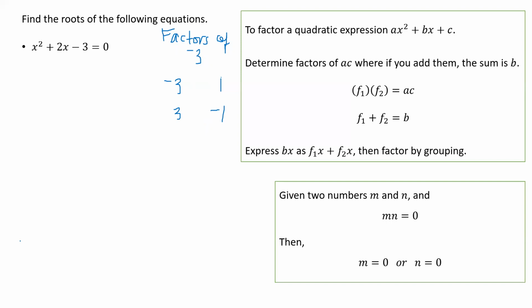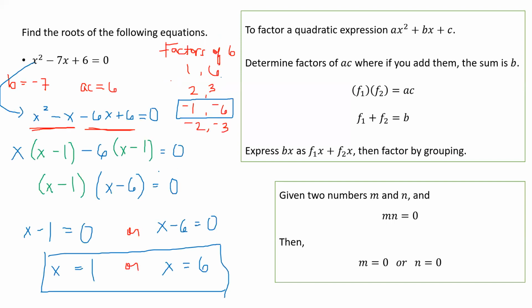From the previous example, the factors of 6 that we used are negative 1 and negative 6, and the factored form is x minus 1 times x minus 6. We won't prove it, but there is a pattern here, at least for when the leading coefficient is 1.